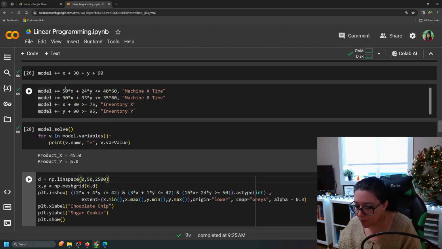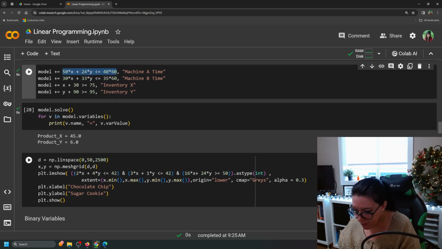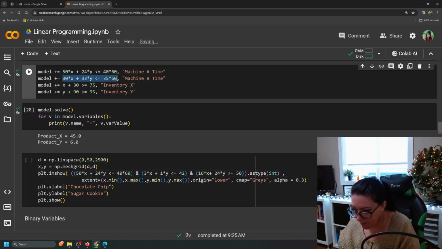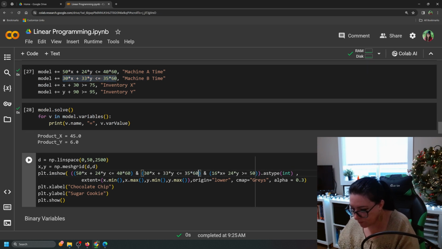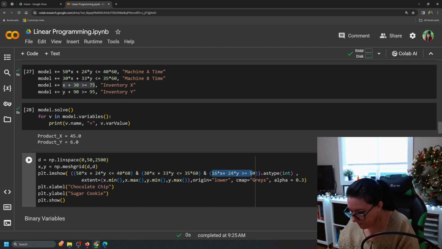And then I need to throw my formulas in. So here, paste that there. Copy this. Paste it here. Copy this one. Paste it here. And I've got more constraints here, so I'm going to put them in parentheses, and I'm going to add the last one.